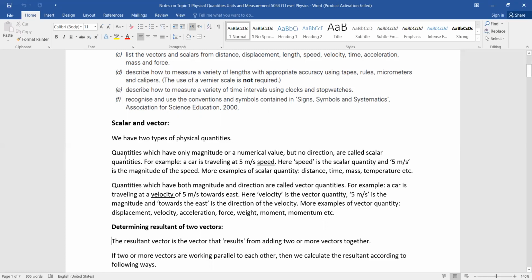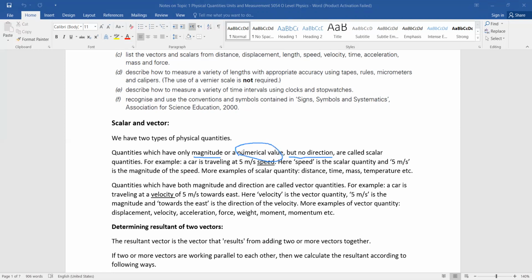You told that it has no direction, and you told magnitude, right? So magnitude means numerical value.